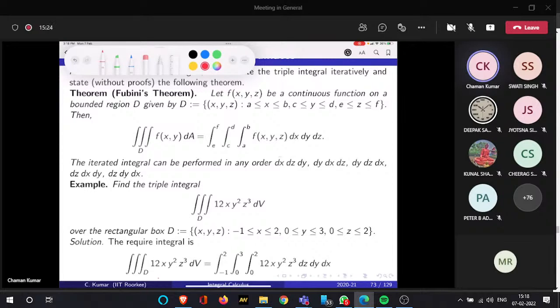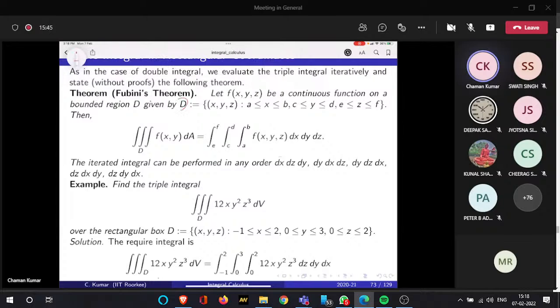Sir, can you give an example where it is not defined? What is not defined? This Fubini theorem for triple integral. So basically, it really depends on the domain D. If the domain is very complicated, it cannot be defined.